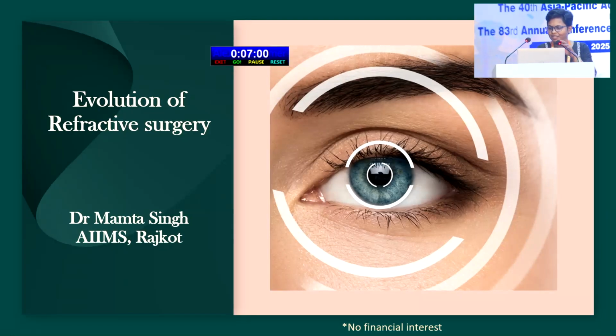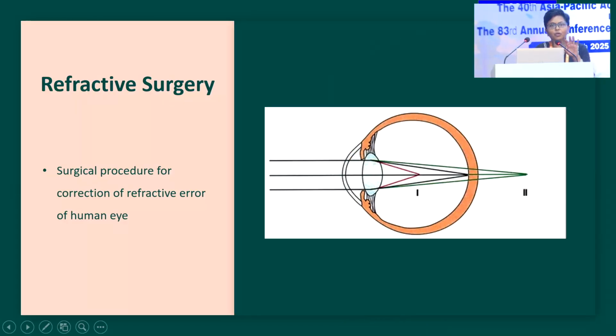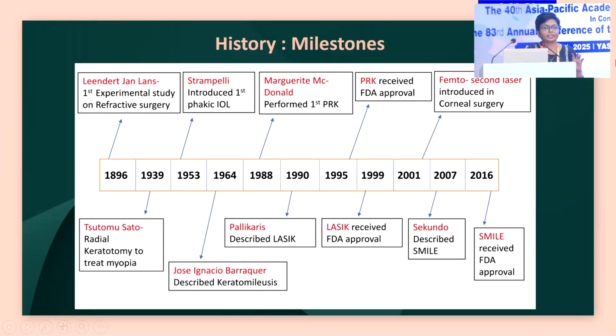Yeah. So let's start. We all know that these surgical procedures are meant to correct the refractive error of the human eye. But if we go to the story, this entire saga of development of refractive procedures, it is more than 100 years old. It started way back in 1896 when Lans used some heat-based devices, something like a cautery, to correct the refractive error. And it's very fascinating that each of these procedures has its own story of development.